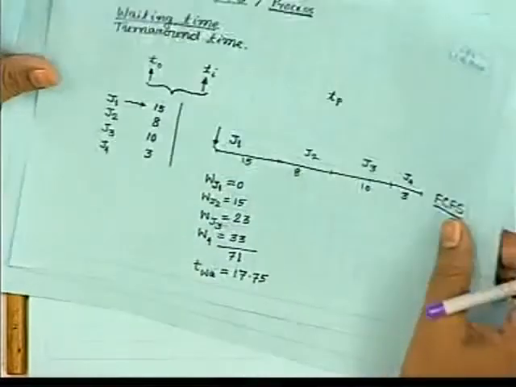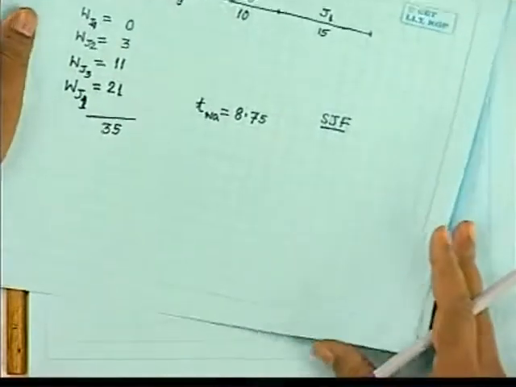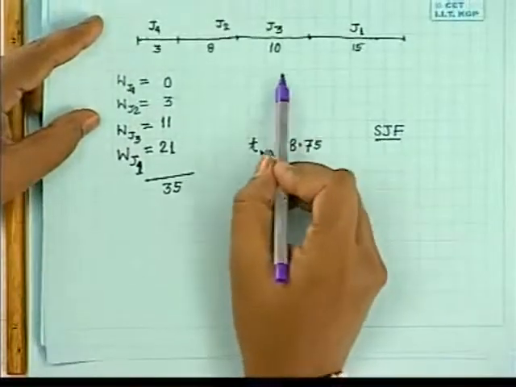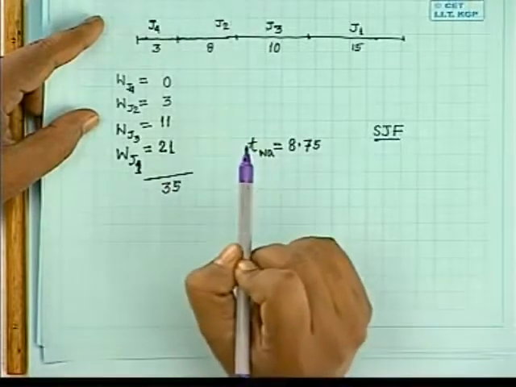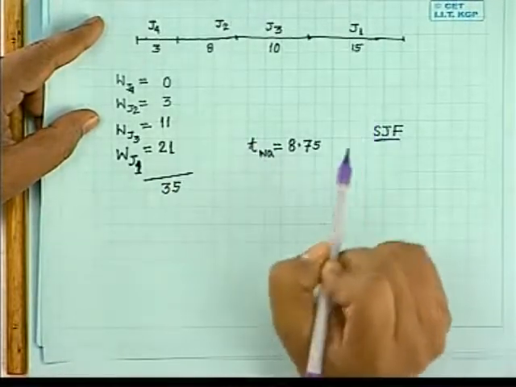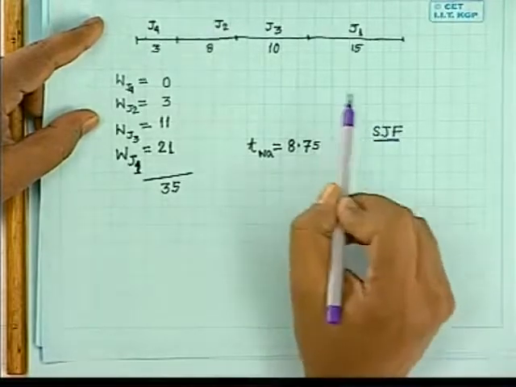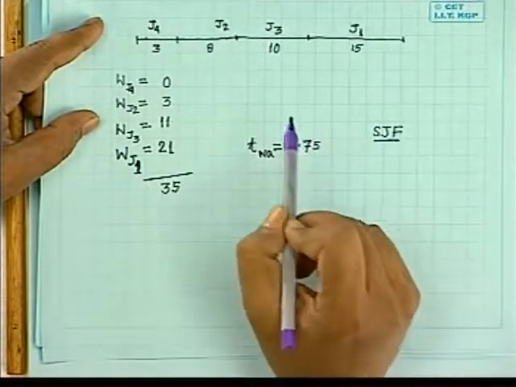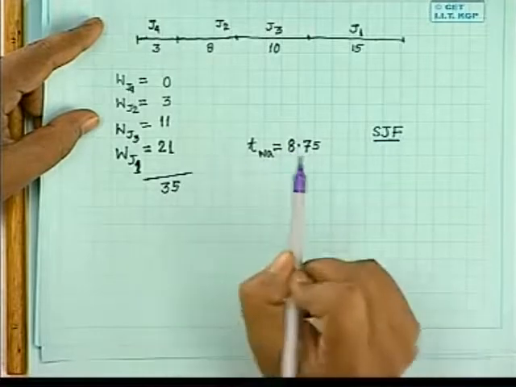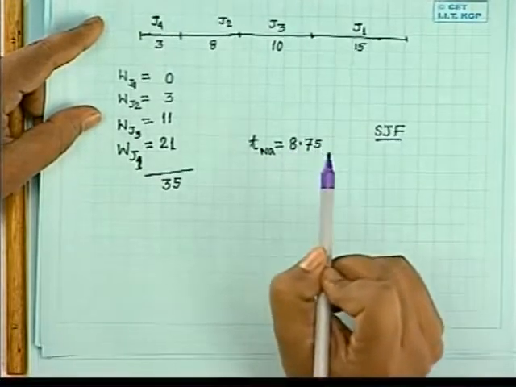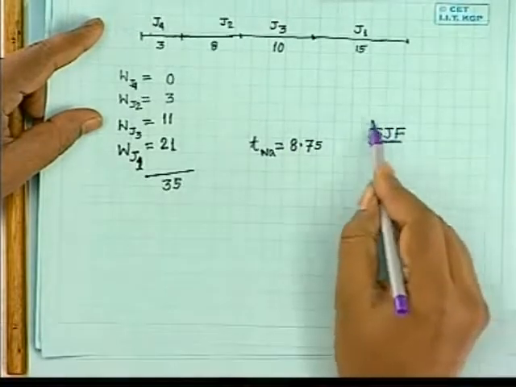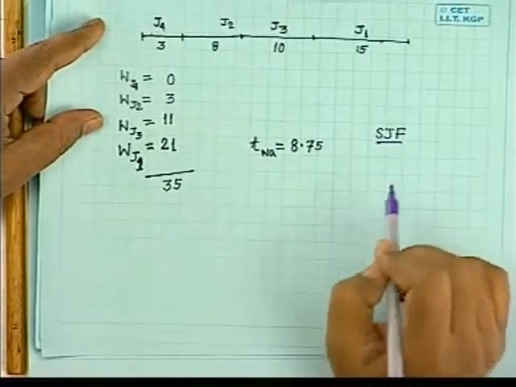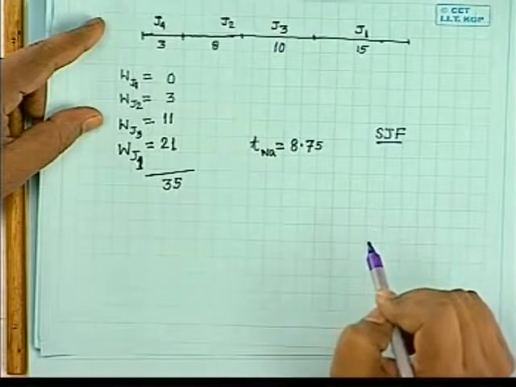But in case of the shortest job first, that is the SJF scheduling algorithm, we are executing first the job for which the next CPU burst time is minimum, and the job which takes the maximum CPU burst time is to be executed last. So we must have some idea about the next CPU burst duration. Only then can we perform the scheduling using shortest job first.